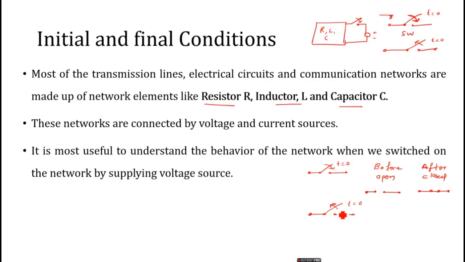When the switch is operated, it will go to this position from this position. The meaning of this is, before switching it was closed. When this switch is pressed, after switching it will be open.